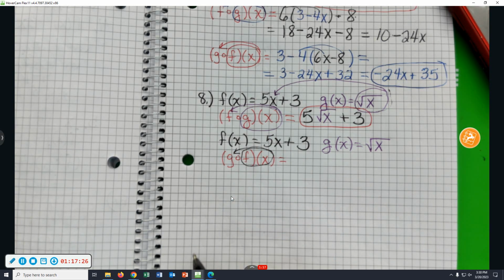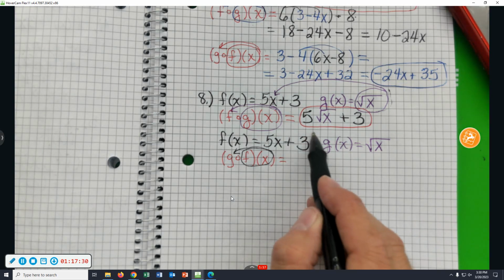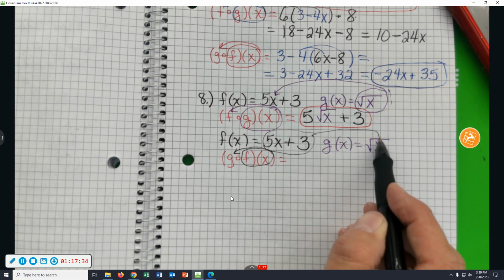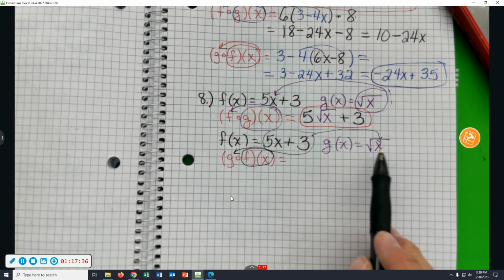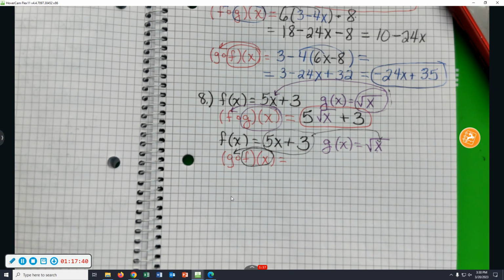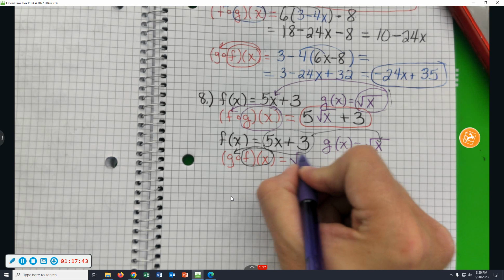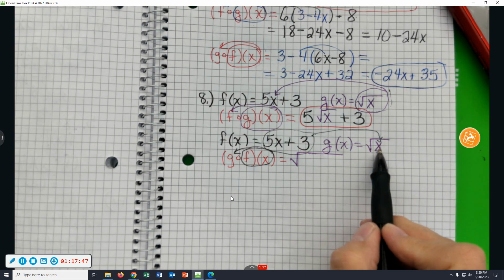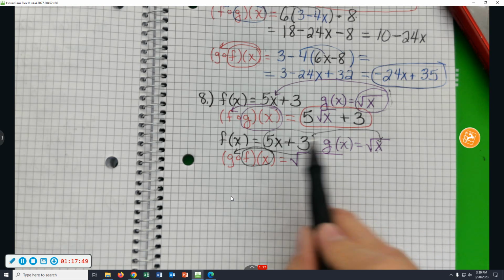So could y'all draw the arrows? What's going to get replaced over here? In place of that purple x, you still have the purple square root symbol, but the x is replaced with the black 5x plus 3, correct?